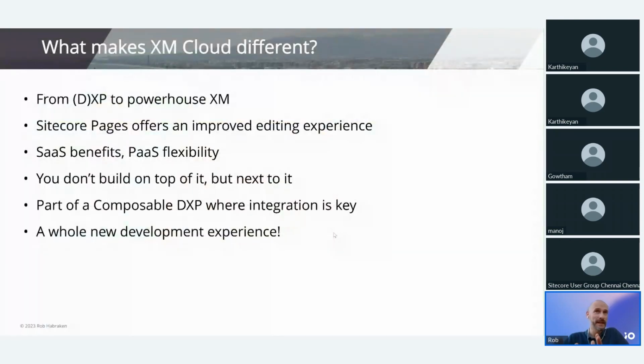The main ones being we're moving from a DXP product, which is an all-in-one marketing platform, also including marketing automation, to what I call a powerhouse XM. XM being the CMS only, but it includes way more than that.